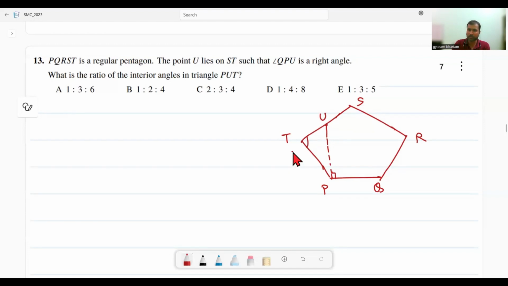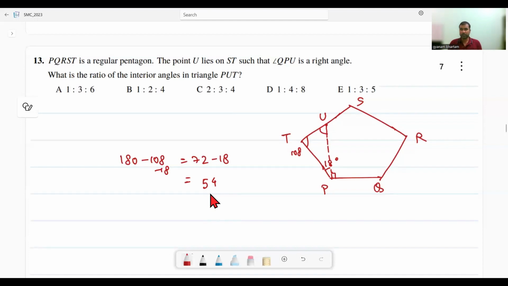So we have to find this. This is going to be 108 directly, you should know. And if you subtract 90 from 108, it's going to be 18 degrees. And you know the third angle by subtracting from 180. So 180 minus 108 gives you 72, minus 18 because you have to do minus 18 also. It's going to give you 54, right?